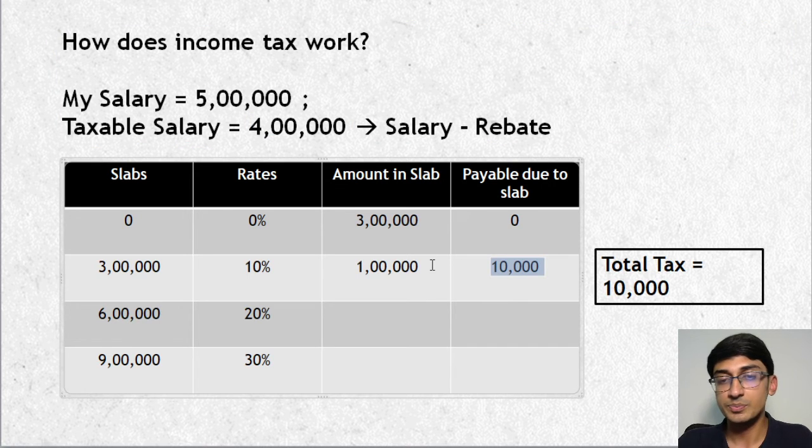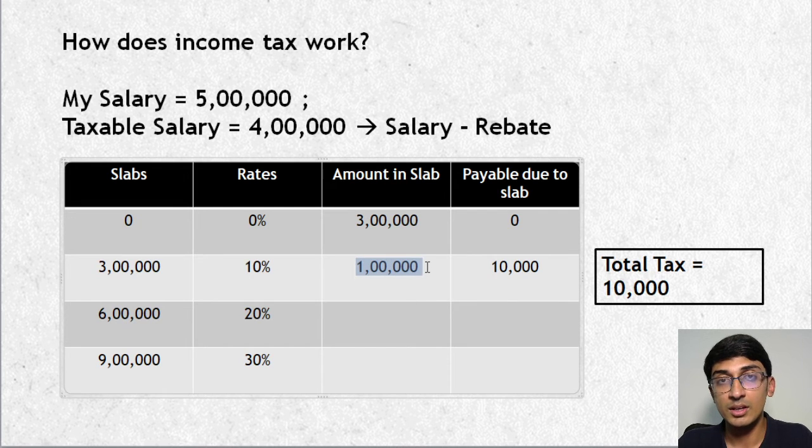As per these slabs and rates, the maximum I can pay in the previous slab is 30,000, as we saw. But I'm paying only 10,000, which means I'm sufficient in my second slab itself. So how much should I be earning to get this 10,000?